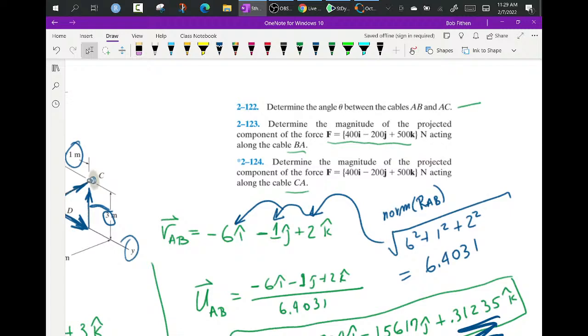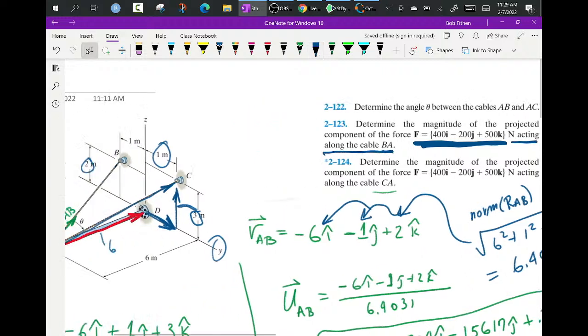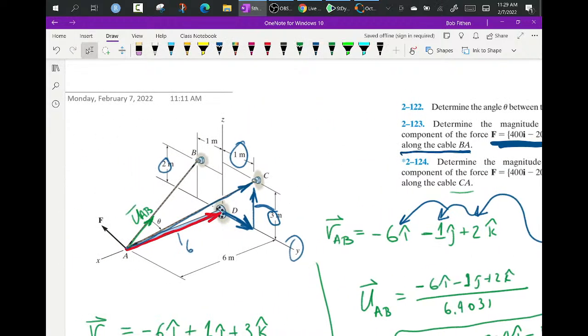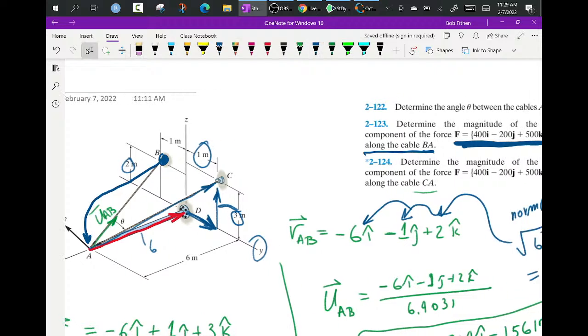He didn't mention this force before, but now he's mentioning it, and he says, I want to find it acting along the cable BA. BA would be this cable right here, from this end to this. So luckily, we went ahead and found this thing.